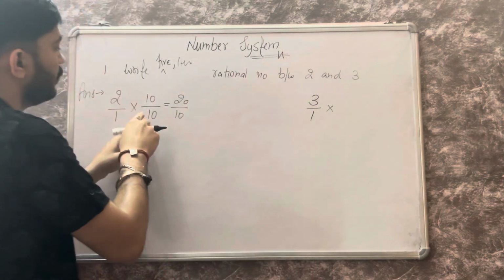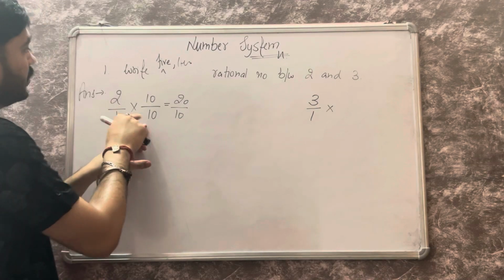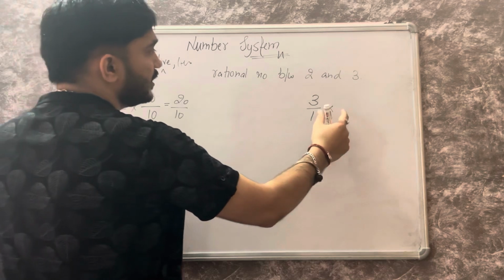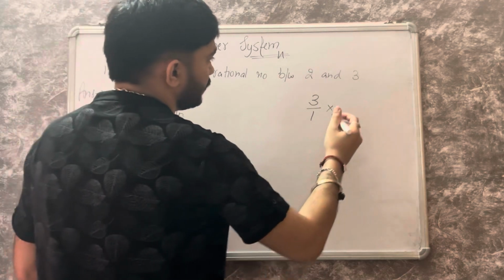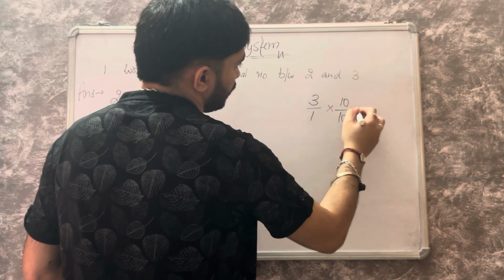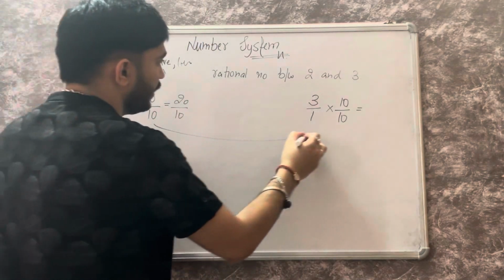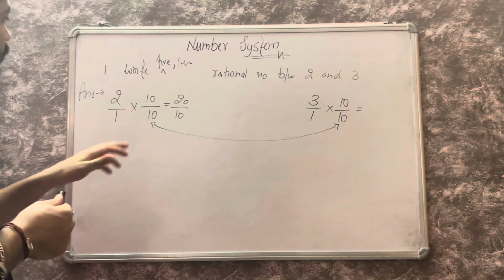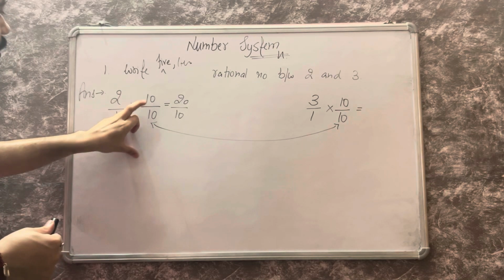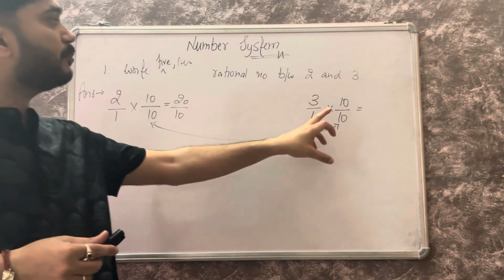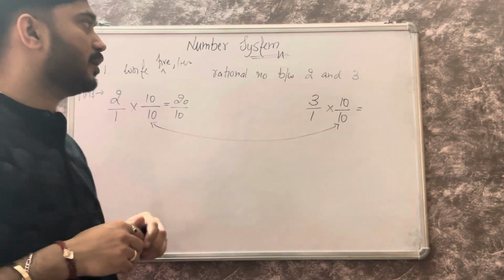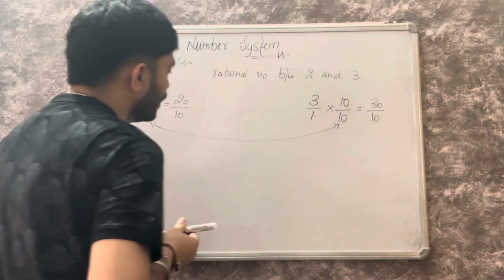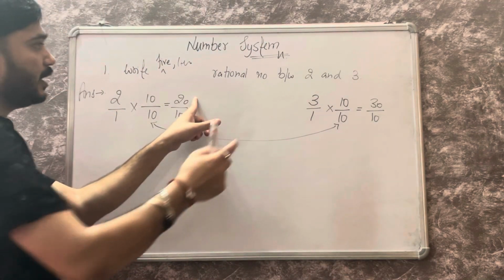Also, if you are multiplying this rational number with 10 upon 10, then you are going to multiply this rational number also with 10 upon 10. You have to multiply both the numbers with same numbers. Always remember that. If you are multiplying here with 100 divided by 100, you are going to multiply this number also with 100 upon 100. So it will be 30 upon 100.